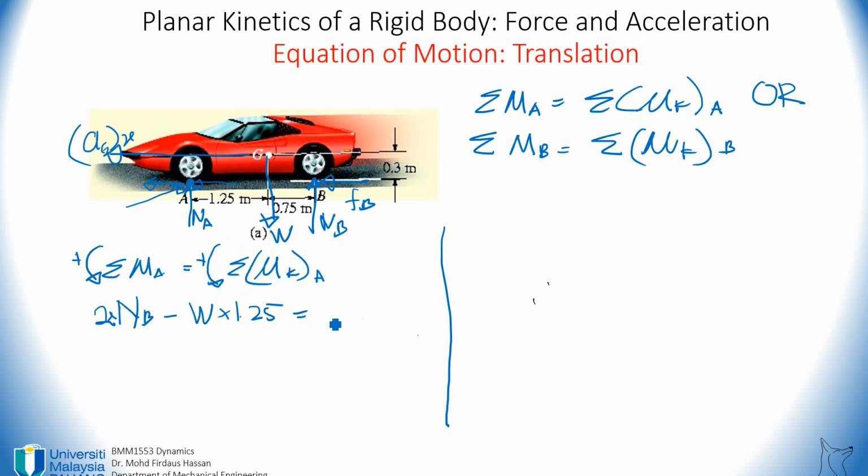So it will give you M, the radius is 0.3, and it will create a counterclockwise, so it's positive 0.3 M. You must put the M, mass, AG. So instead of using this equation number 3, you can choose equation number 4.